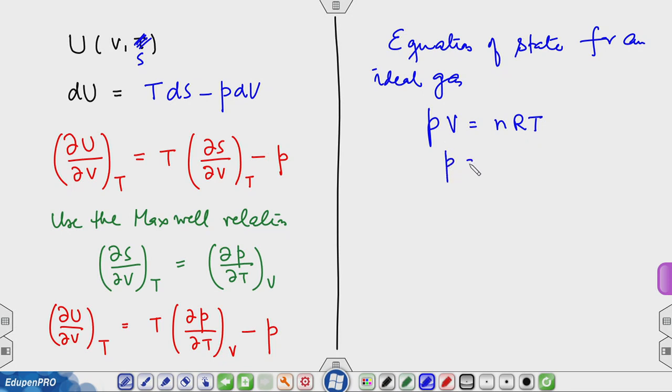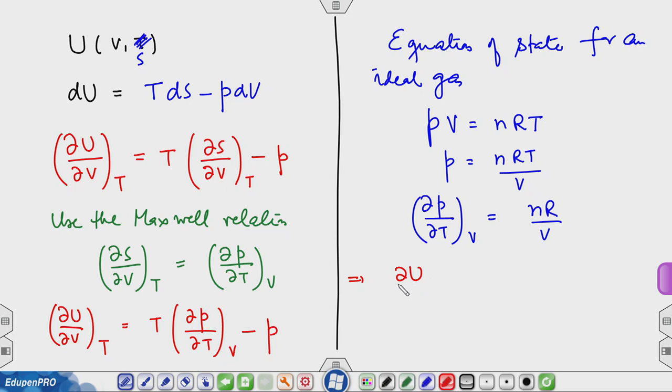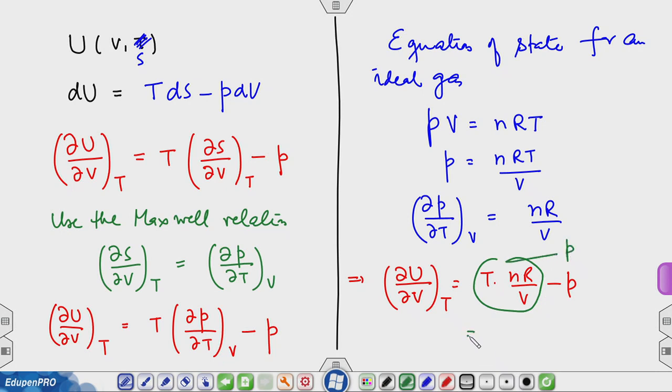I can write P equals nRT over V, and therefore partial P with respect to T at constant volume is going to be nR over V, and therefore dU/dV at constant temperature is equal to T times nR over V minus P. This part is P again, so this is 0.